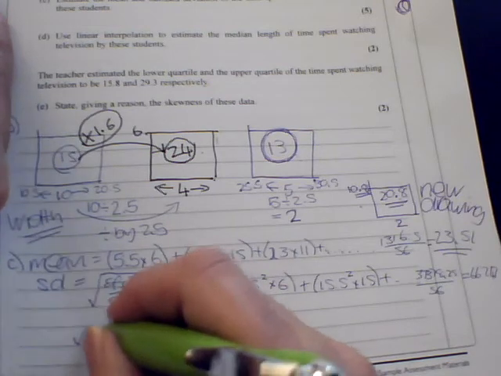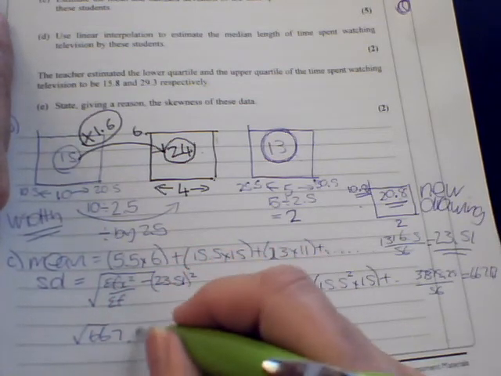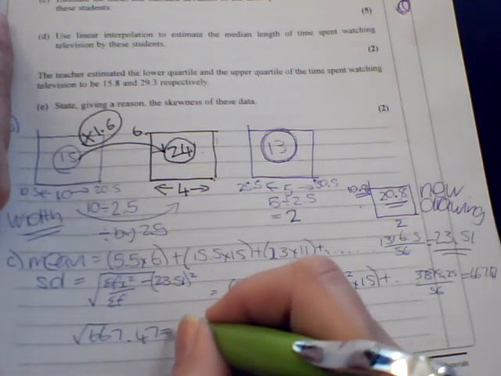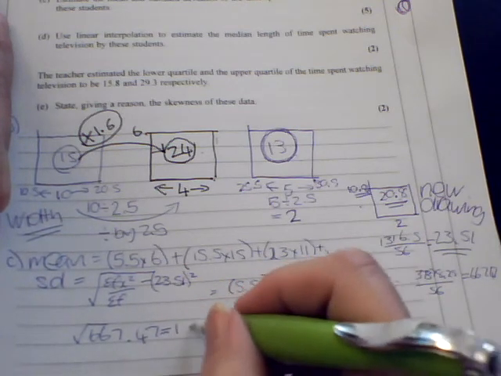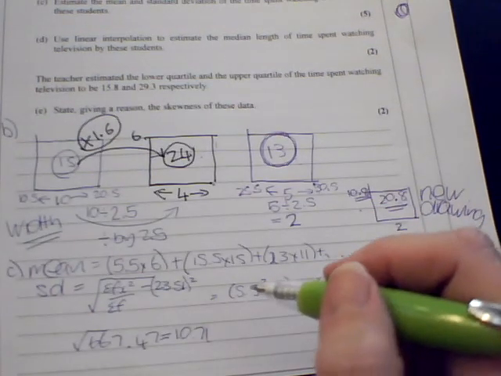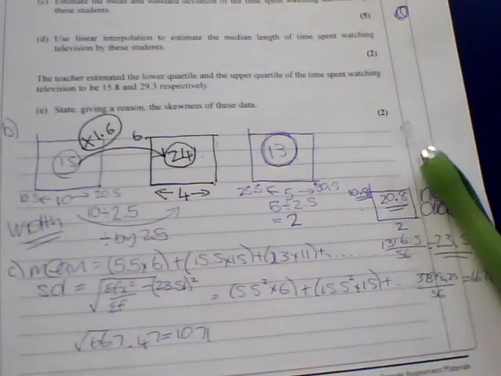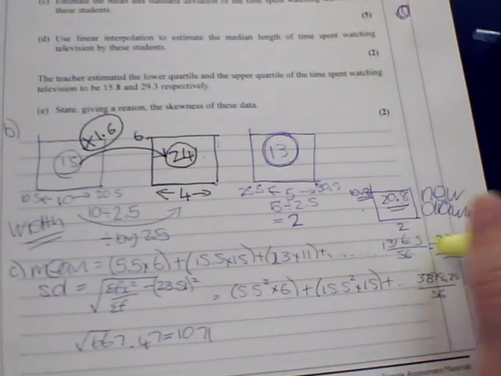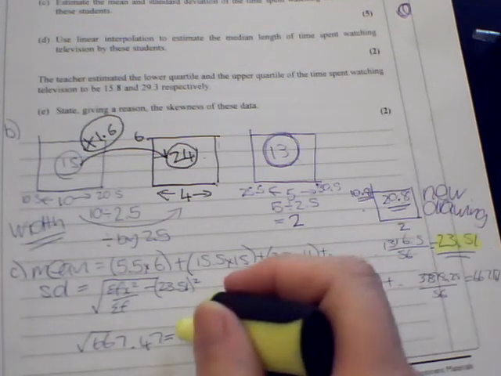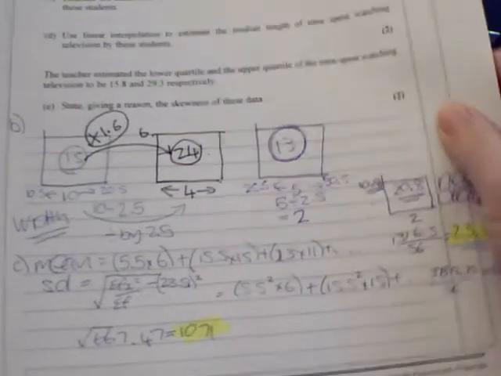So the square root of 667.47 equals 10.71. There we go, 10.71, and that was the standard deviation. Let me underline these because everything's getting a bit messy now. That's the standard deviation, that's the mean. Okay, and that was 5 marks.